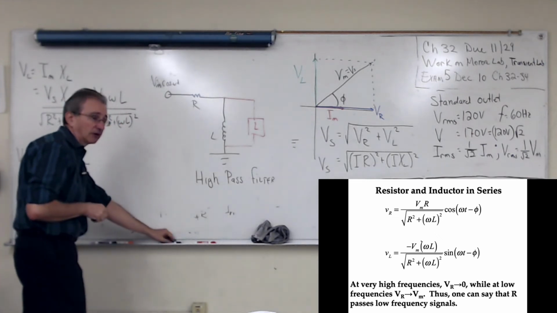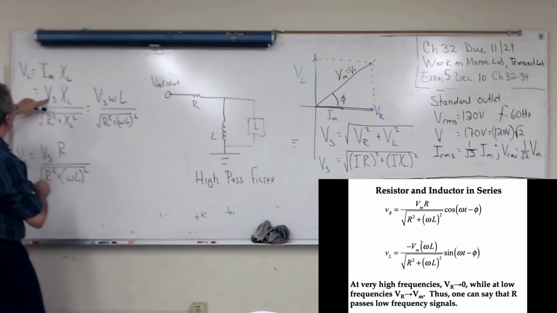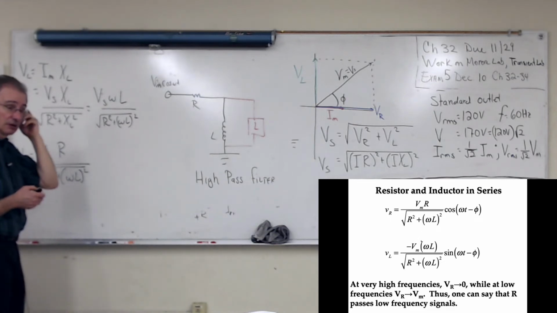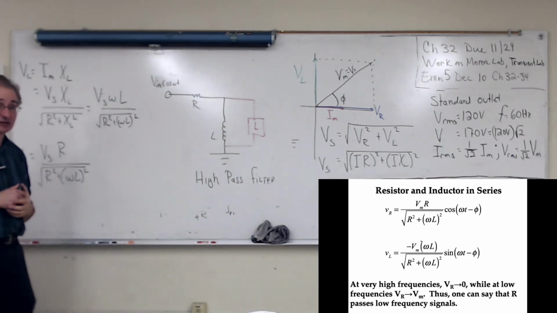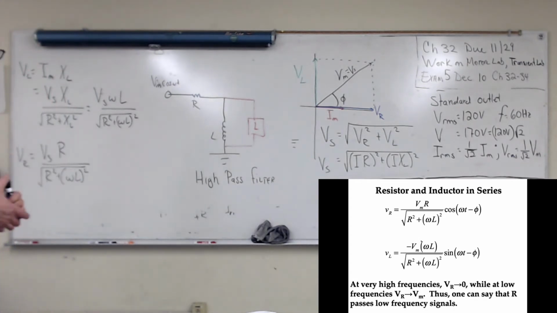Typically in engineering courses, they look at the ratio of V sub L over V sub S. I think they call it a transfer function, if I remember correctly, which is basically the ratio of X sub L over the total impedance. And they look at how that behaves as a function of frequency.